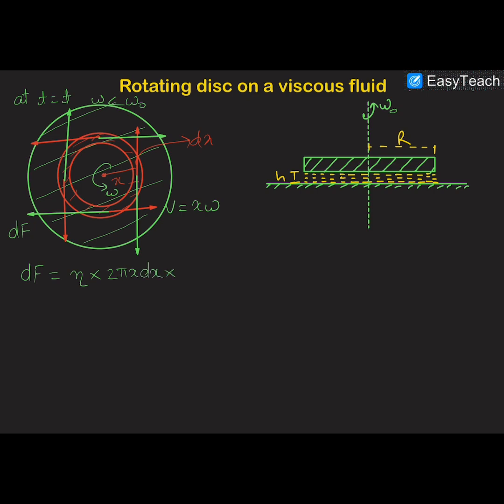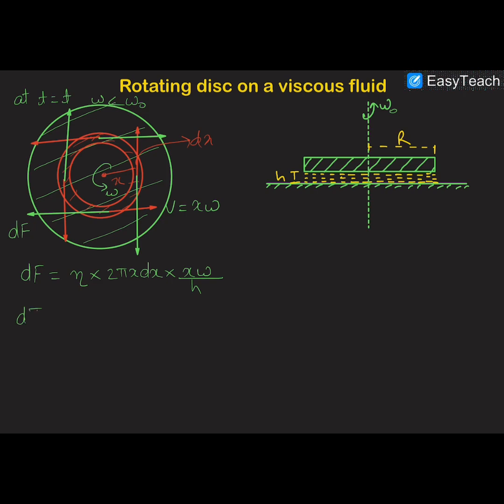The velocity of each part of the ring is x omega, and we divide it by h, so the velocity gradient is x omega by h.